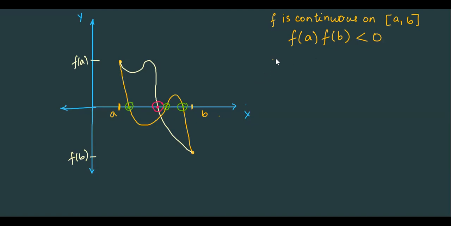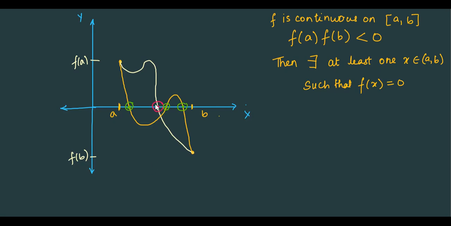Then there exists at least one x belonging to AB such that f of x is equal to 0. So in other words, f of x will have at least one root in AB.